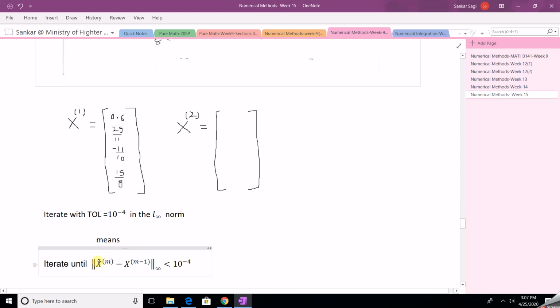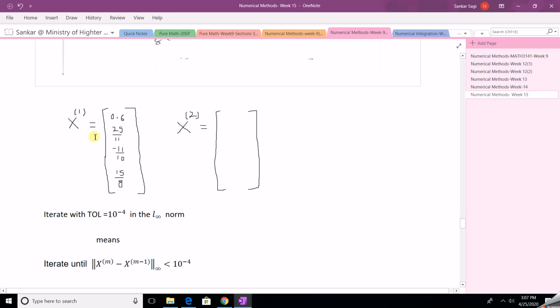You know, xm is the mth approximation of x, and xm minus 1 is the m minus 1th approximation. That means we take the difference between two approximations and find the L infinity norm of that. If that is less than 10⁻⁴, you have to stop here.